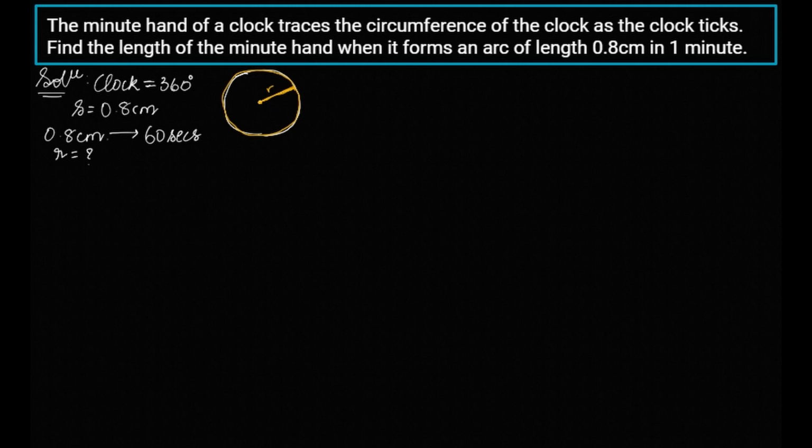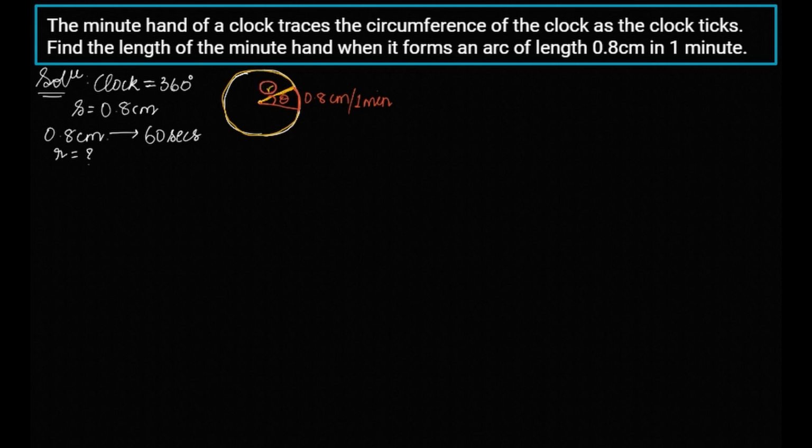That is, it's making an arc of 0.8 centimeters per minute. And let us join the center of the circle to the end of the arc. This is the angle subtended by the arc, that is theta. So we have to find the radius of the circle r.